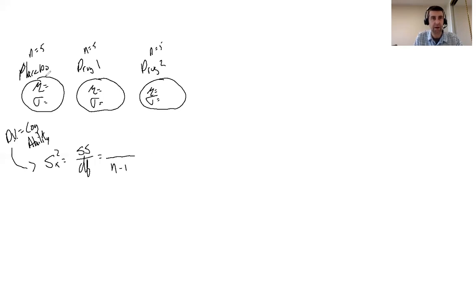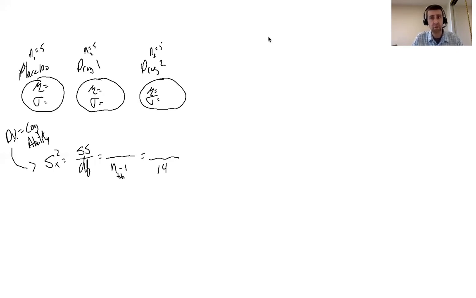So I have, in this case, in what I will now call total to distinguish it, in total. So this is n1, n2, and n3, right? So I have 5 people in each of the groups, but I have 15 people in total. So I can say that the variance in total will be the sums of squares divided by 14.